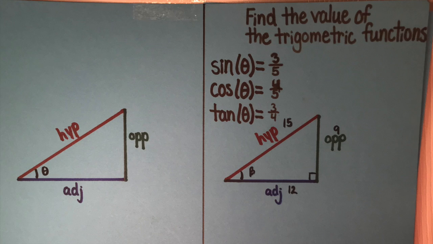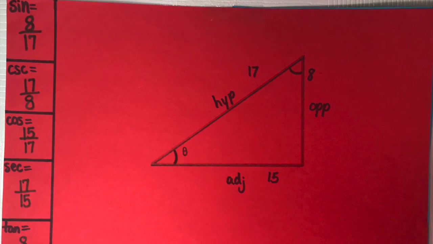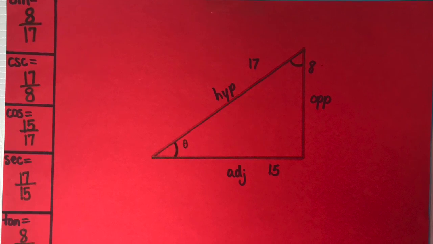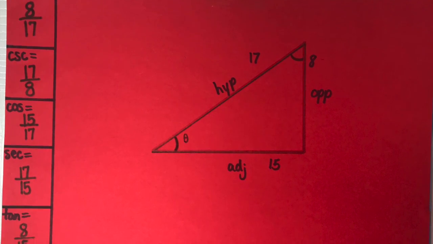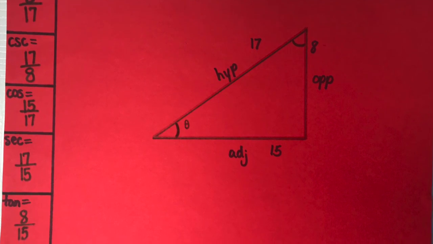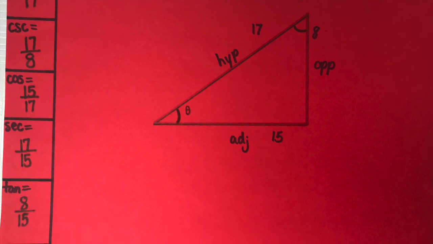Now, let's look at all 6 trigonometric functions. I now have a right triangle with sides of 8, 17, and 15. Looking at sine, that's opposite over hypotenuse, so we have 8 over 17. Cosecant is reciprocated, so it's 17 over 8.